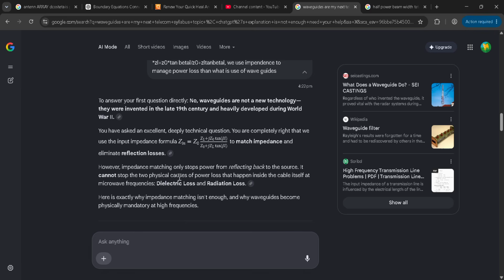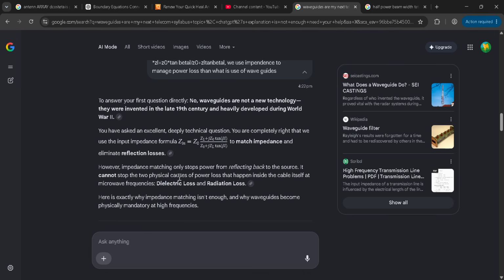You are completely right that we use the impedance match formula, Z equal to Z naught, to match impedance and eliminate reflection losses. However, impedance matching only stops power from being reflected back to the source. It cannot stop the two physical causes of power loss that happen inside the cable itself at microwave frequency: dielectric loss and radiation. So this is not a reflection loss. It is the cable itself at microwave frequencies.